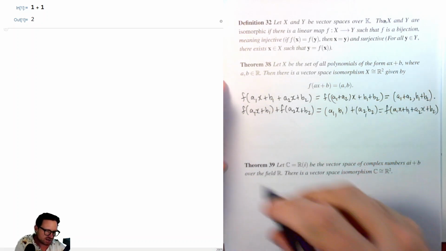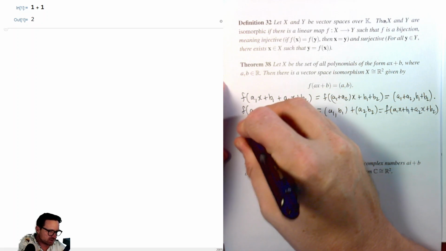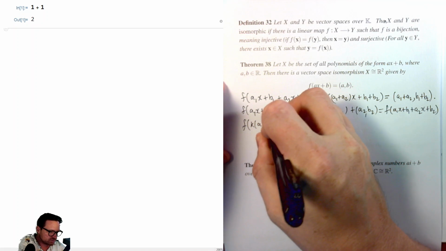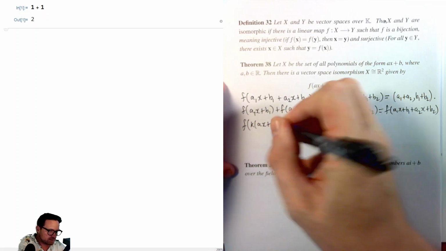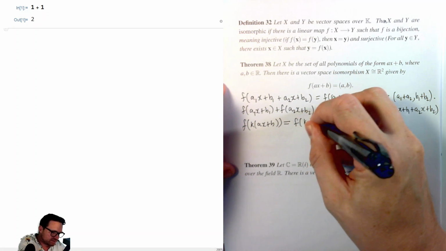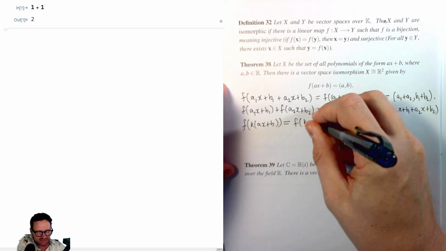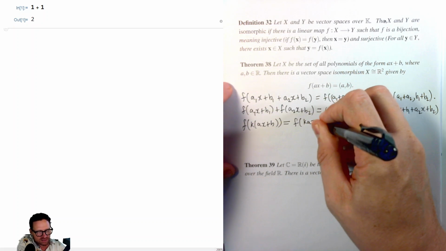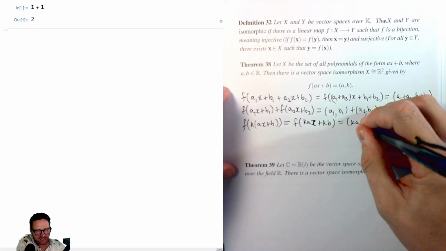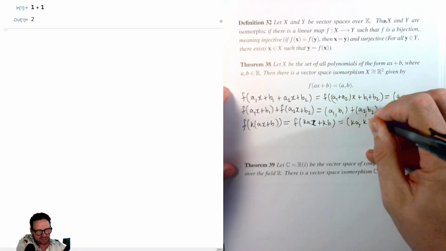Okay, so now let's check the scalar multiplication property. F of k times (ax plus b) is f of kax plus kb, which is (ka, kb).